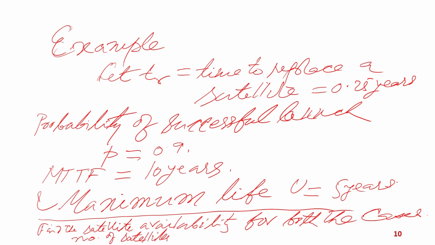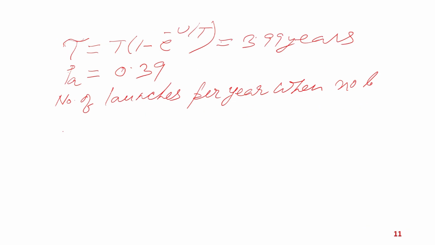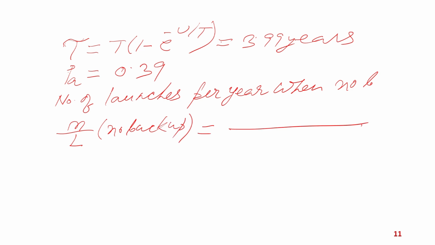For no backup, n by L is given by 1 by P into tau, which you can calculate to be 0.28.